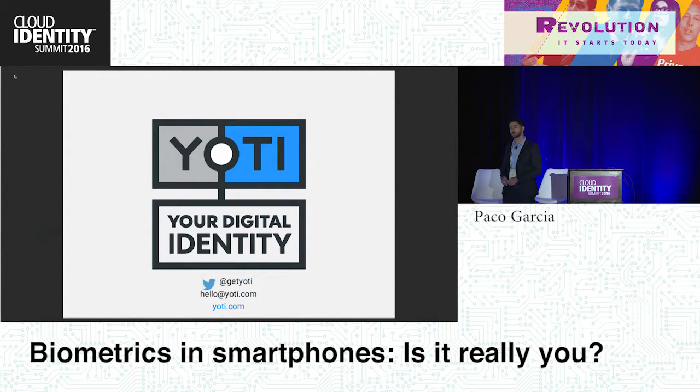But the accuracy of the biometric modalities differs greatly from one to the other. So how is it that the combination of biometrics is going to increase security or be more accurate in authentication when the modalities themselves and the accuracy of the algorithms are totally day and night? Okay.